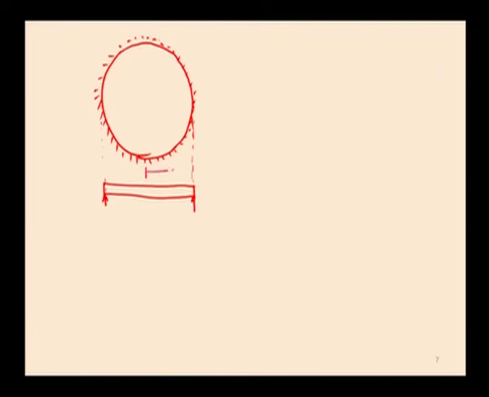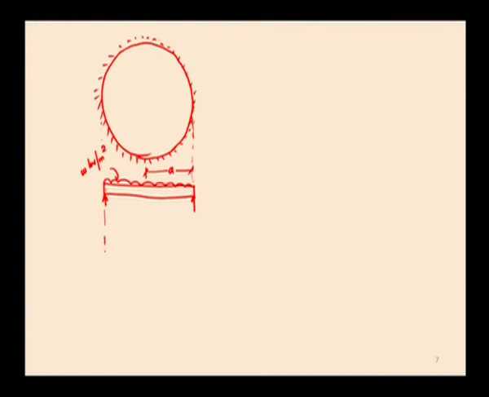The radius of the slab is taken as A, and it is subjected to a uniformly distributed load of W kilonewton per meter square. What is the maximum bending moment, what is the radial bending moment, and what is the circumferential bending moment? Then, how to provide the reinforcement in this case.